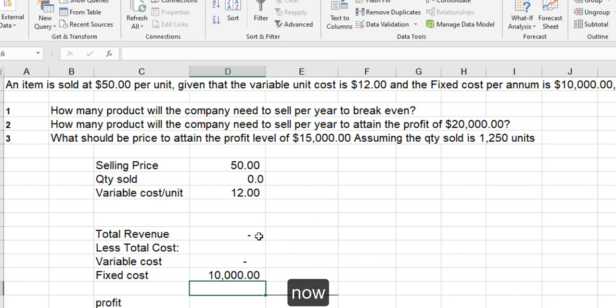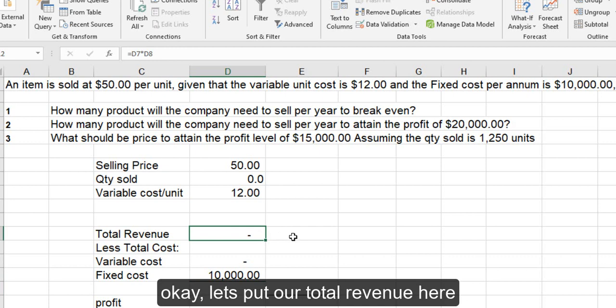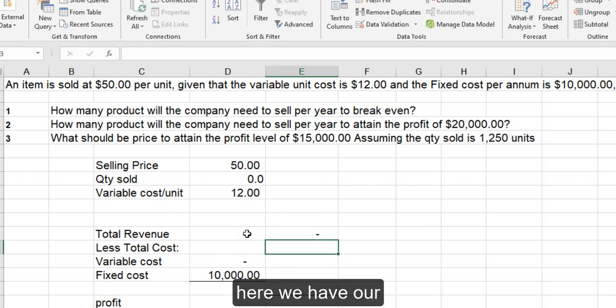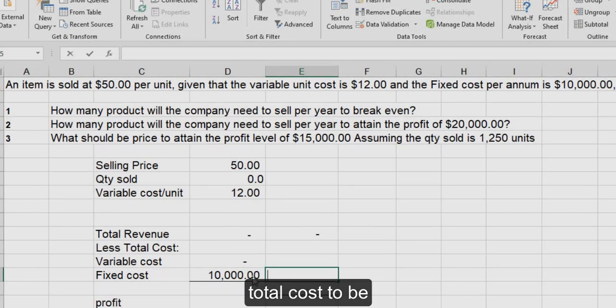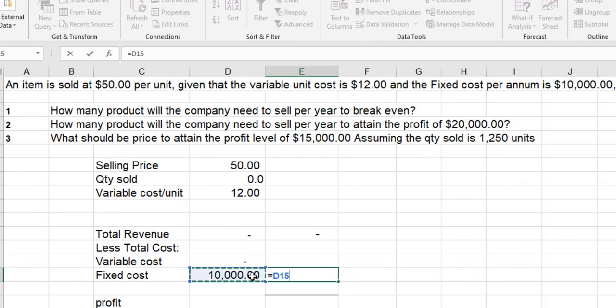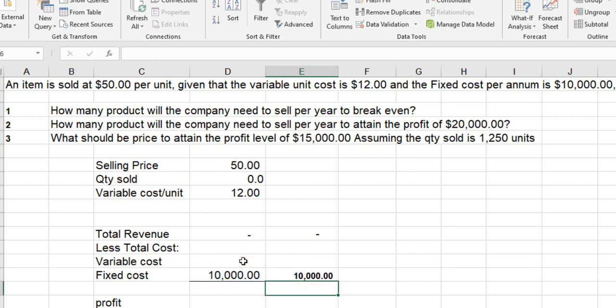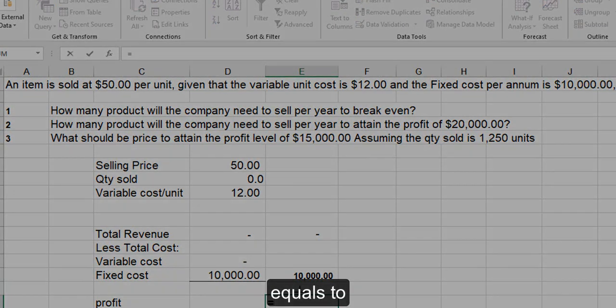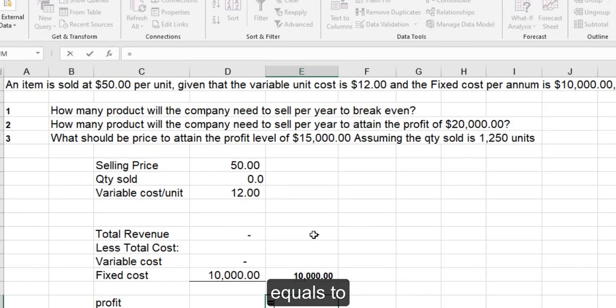Now, okay, let's put our total revenue here. Where we have our total cost to be... now our profit should be equal to revenue minus total cost.